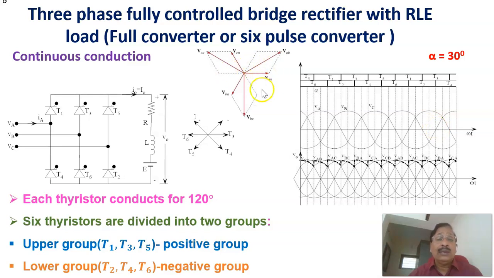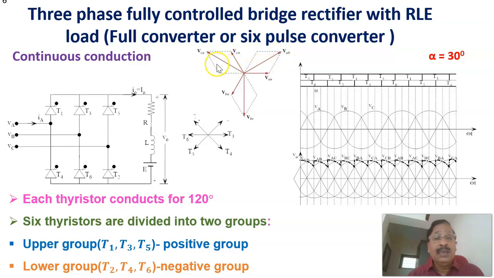In order to calculate the line voltages, for example, say this is VAN and this is VBN. VAB can be calculated as VAN minus VBN. For VAN, this is producing in this direction, then this is equal to VAB. So this is the line voltage VAB.